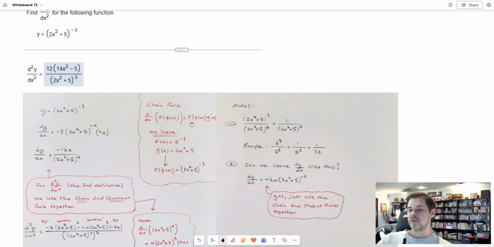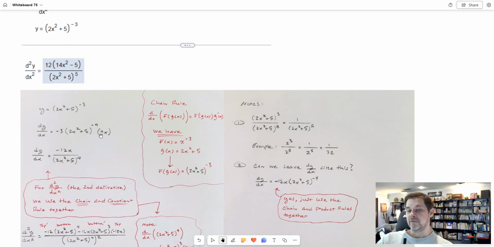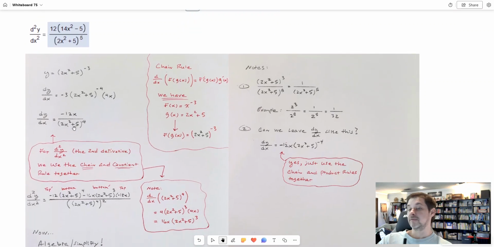And then this part, that's the derivative of g, or in our case, the derivative of 2x squared plus 5, which is 4x. Okay. And I could collect my terms together there. I get 4 times negative 3x, that's negative 12x. And I could put that negative 4 exponent down below the bar and it will become a positive 4. So I'll write it like that and I'll say, okay, here's your first derivative.